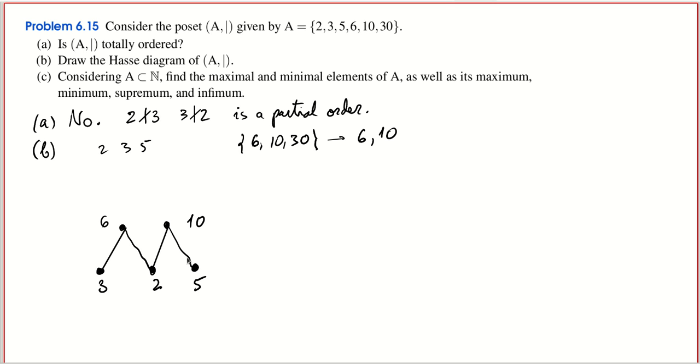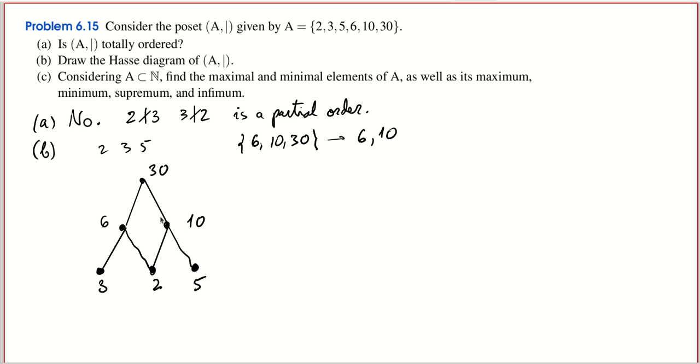And that's it. We have all relations. This is the reason why we ordered this way, okay? And finally, once we remove this, we are left with 30. 30 is here. 6 divides 30 and 10 divides 30. So this is the Hasse diagram.